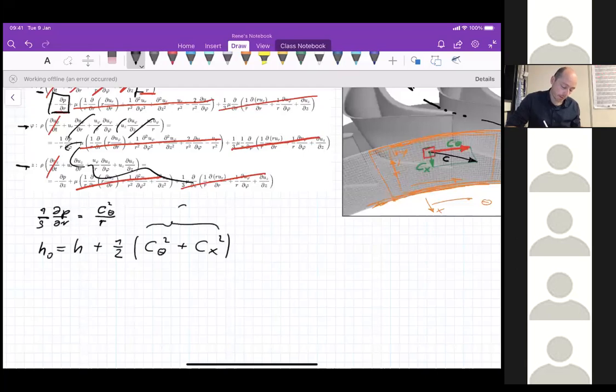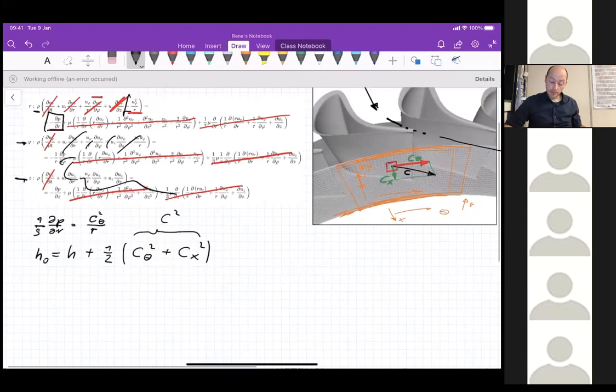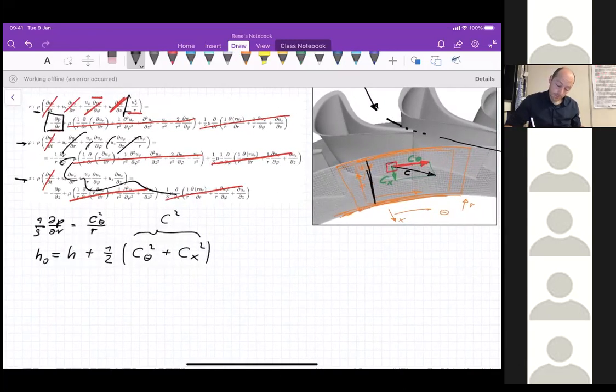This is nothing else than C squared, the kinetic energy. So what I would like to do is now I would like to establish a relationship between, let's say, how the total enthalpy is a function of the radial direction, right?